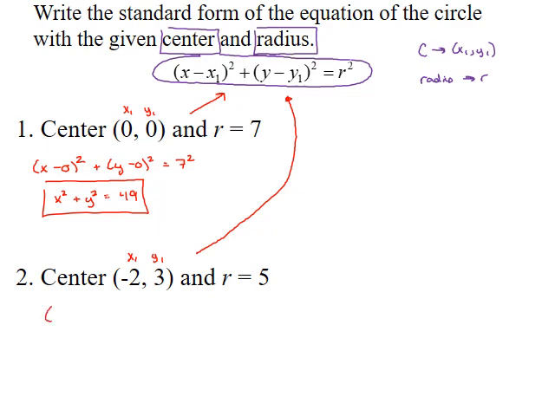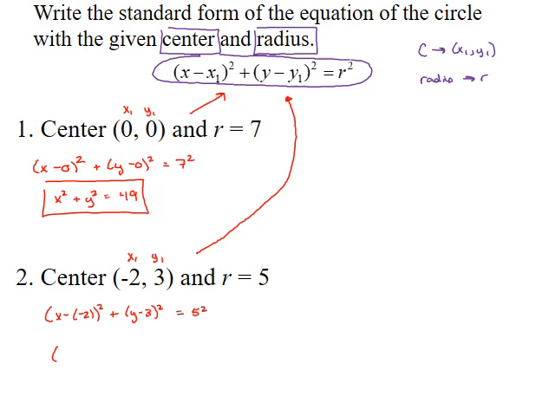So initially, that would be x minus a -2 all squared plus y minus a 3 all squared equals 5 squared. Now, I don't want you to multiply all this out because you want to leave it in this form, but you do want to go ahead and take care of that double negative.